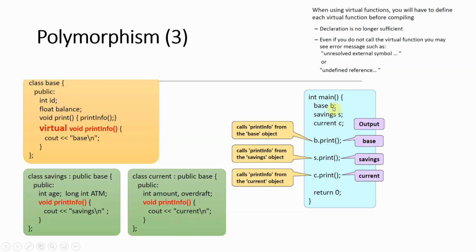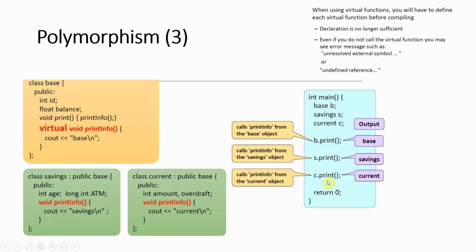Okay, so if we have a base object, a savings object, and a current object, b.print is going to come here, right? It says call the print info. It's going to call the base print info. But s.print calls the print info from savings. c.print calls the print info from current.